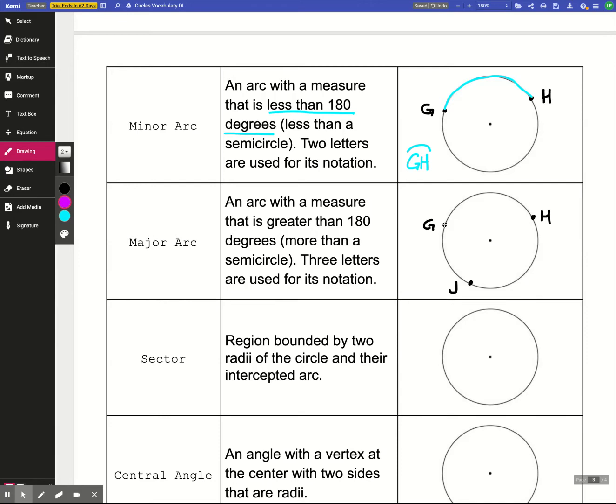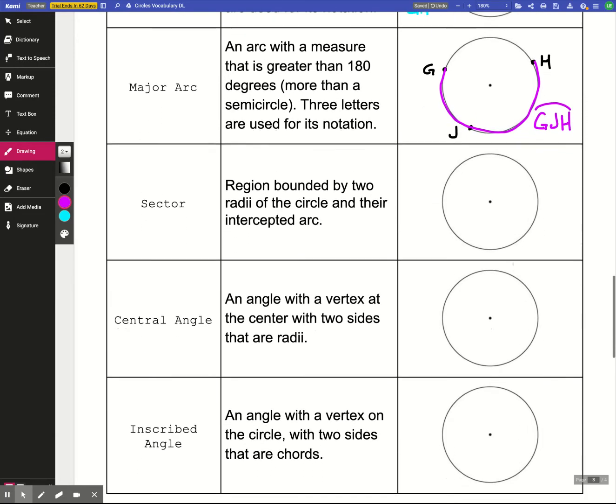So that wouldn't be going from G to H over the top of this circle, but going from G to H at the bottom of this circle and passing through point J. The way that you can tell that you're dealing with a major arc is it'll be named with 3 letters following the direction of the arc. So this goes from G to J to H. So this would be G, J, H, very similar to the way that you name angles with 3 points. And we still have an arc over the top so that you know that you're talking about an arc.